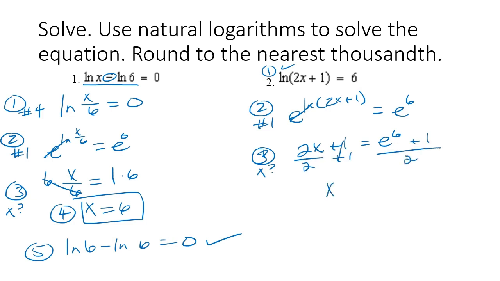That leaves me with x equals e to the 6 minus 1, over 2. That's my exact. I'm going to plug this into the calculator to find an approximate. In my calculator, I'm going to create a fraction, control divide, e to the 6 minus 1, divided by 2.